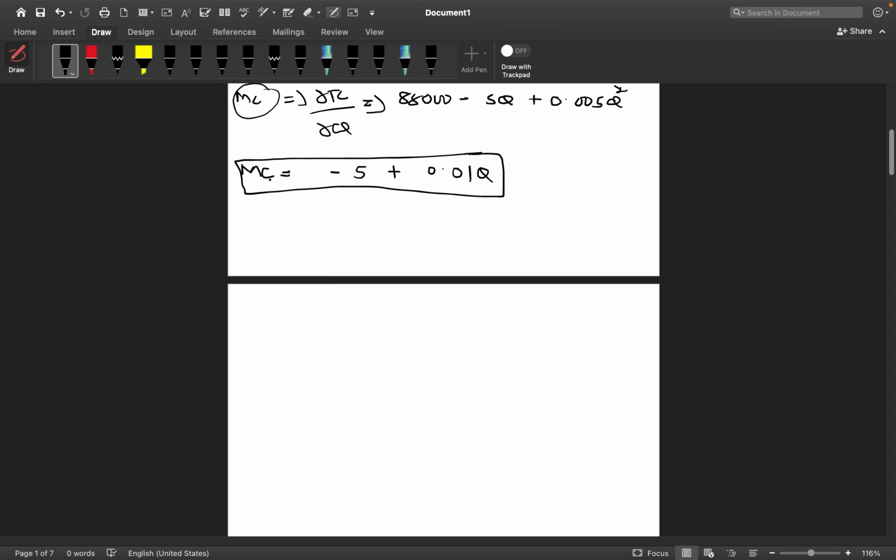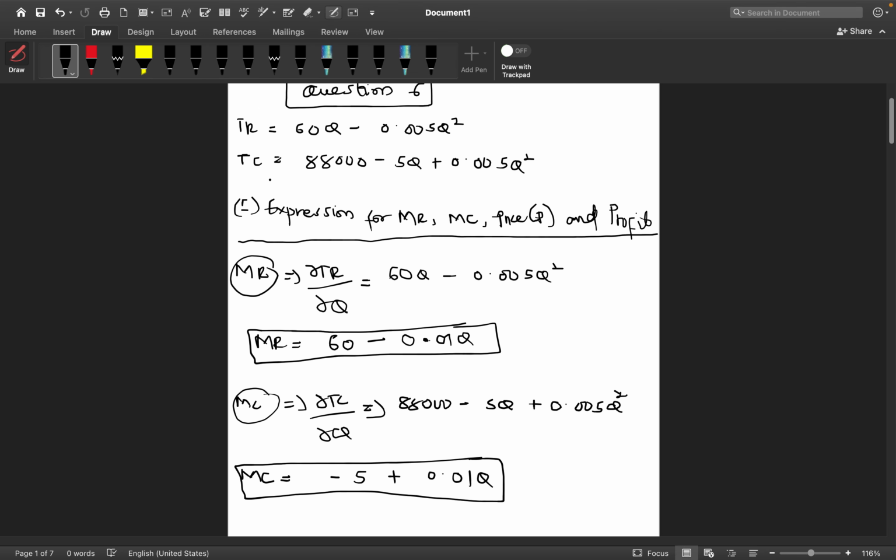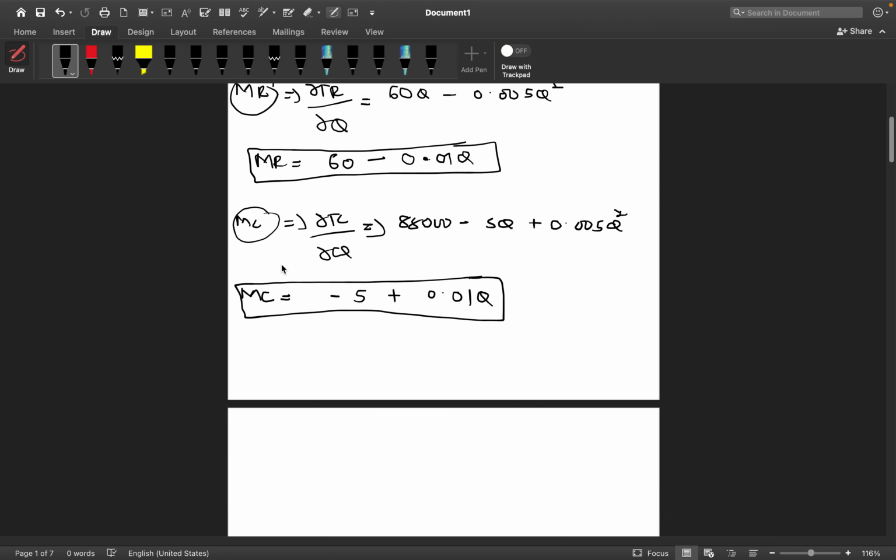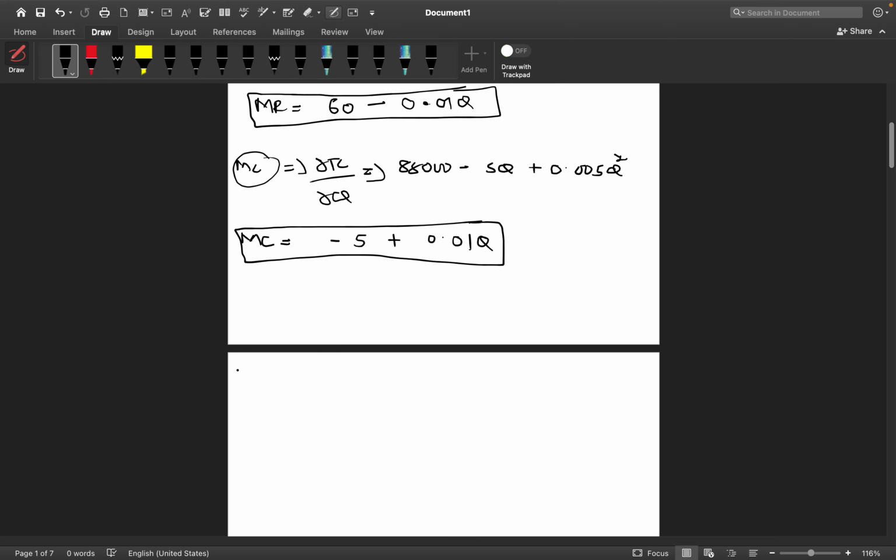Now we have to find expressions for marginal revenue, marginal cost, price and profit. We have marginal revenue and marginal cost, so we need the price function. How do we get price? We bear in mind that total revenue is price times quantity. So if I want to find price, I divide both sides by Q. So P is equal to total revenue over Q. This becomes my price function.